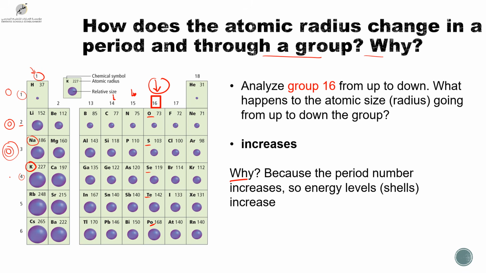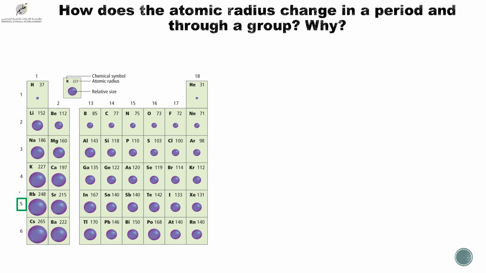If we go to period 4, this atom has 4 energy levels, and so on, 5 energy levels, 6 energy levels. So that's why when we go from up to down, the size will increase, because we are adding more energy levels, more shells to the atom. Okay, guys? Easy? Okay, now let's see what will happen across a period.